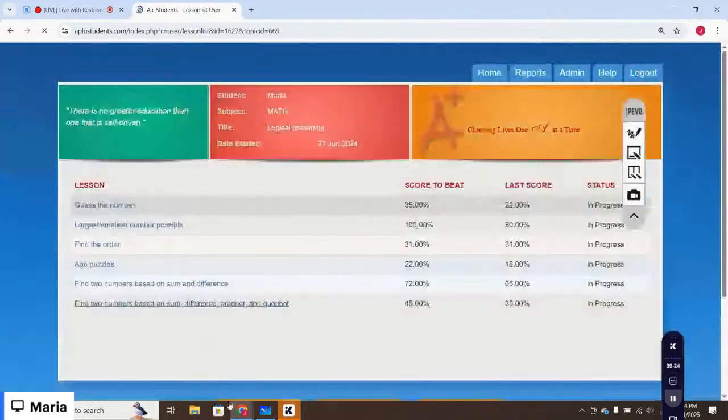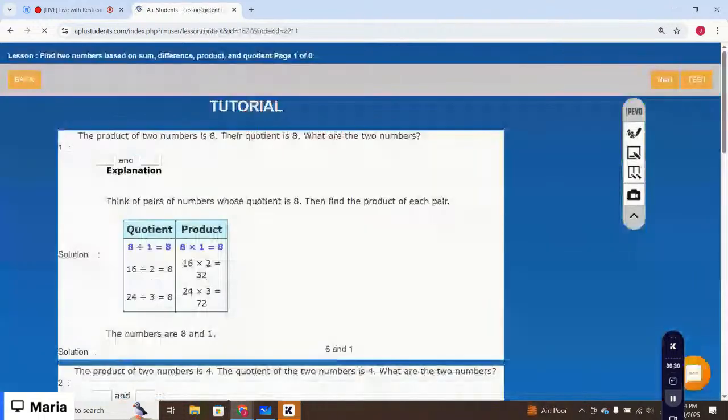Find two numbers based on sum, difference, product, and quotient. The product of two numbers is 8. Their quotient is 8. What are the two numbers?